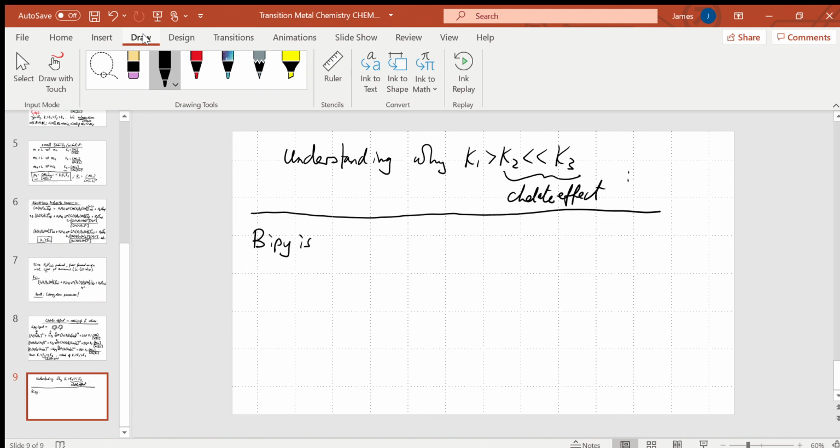So Bippy is a strong field ligand, and because it's a strong field ligand, it implies it produces low spin complexes.